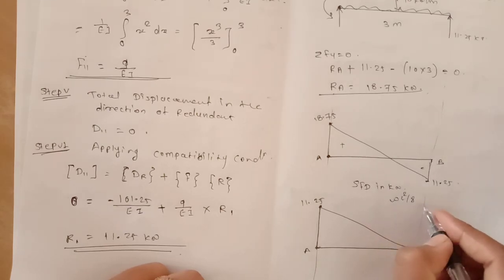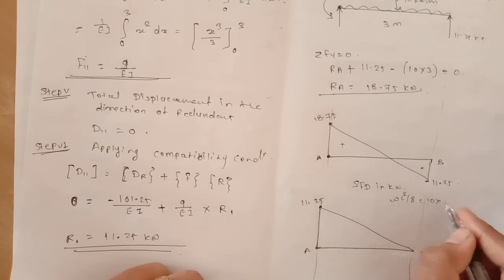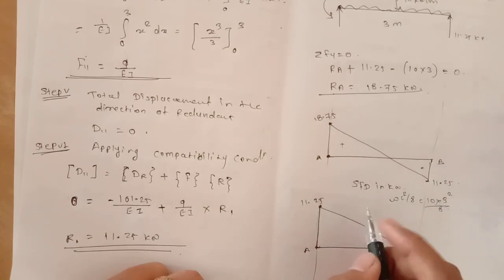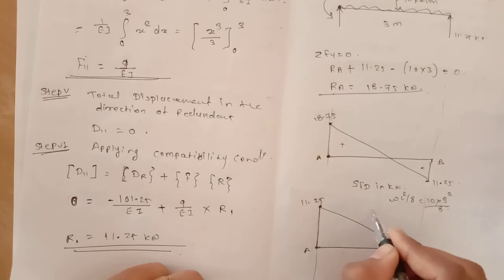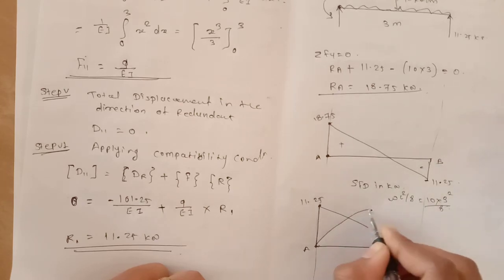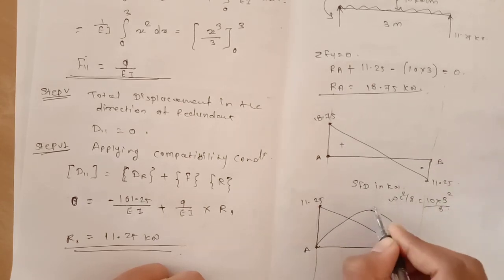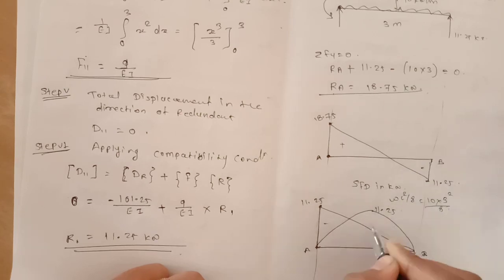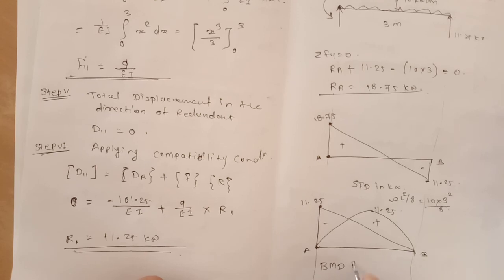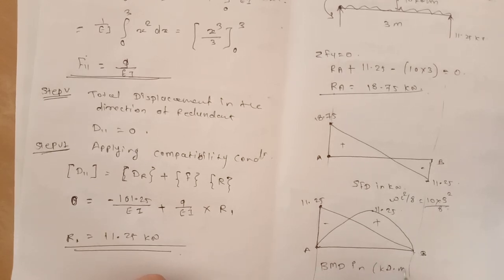Here the load is 10 into length 3, that is 3 squared divided by 8. So the answer is 11.25. So approximately the diagram is like that, 11.25 minus, and this plus. So this is our bending moment diagram in kilonewton meter.